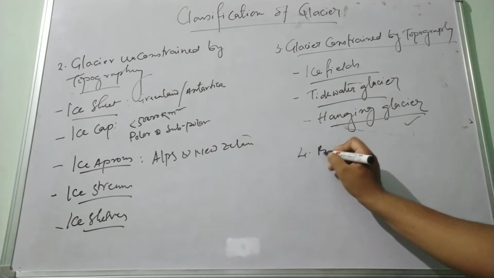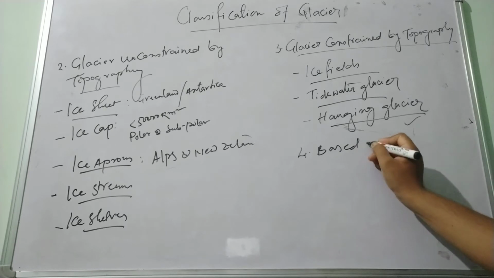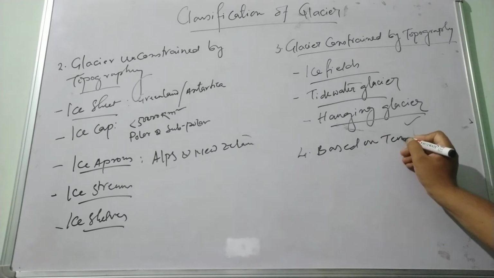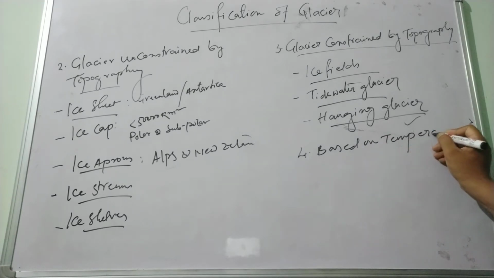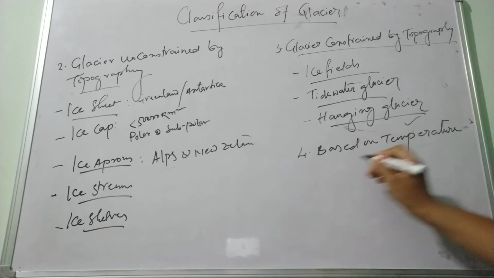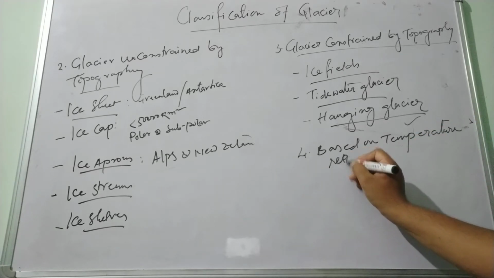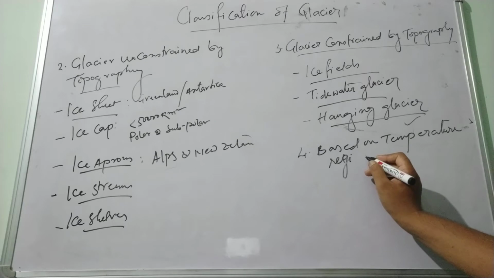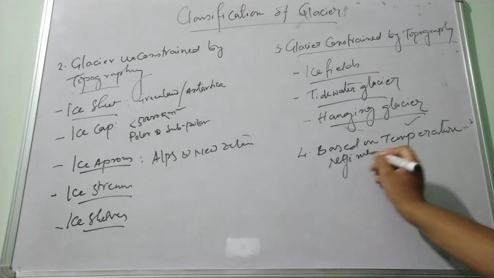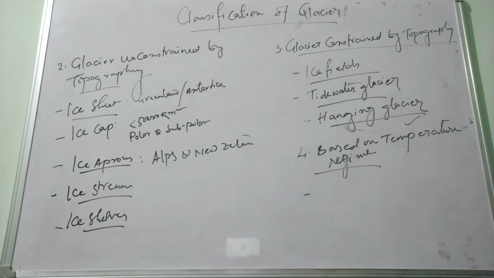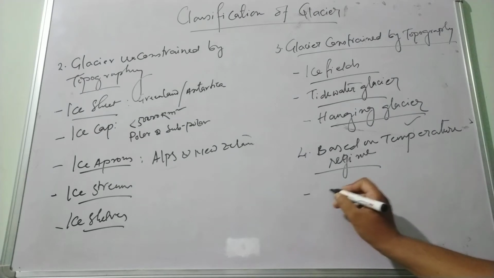Next we come to the classification based on temperature regime. Polar or cold-based glacier.